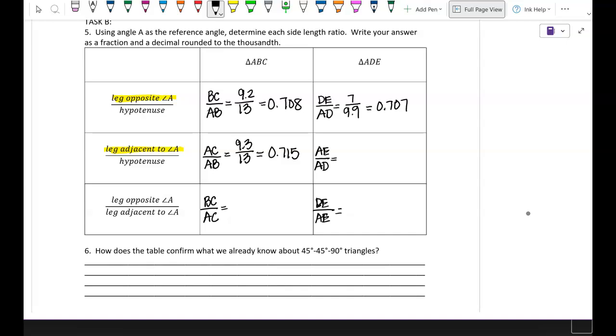And then again, I'm going to use my AE over my AD. And that comes out to 0.700 for me. Again, yours could be slightly different.